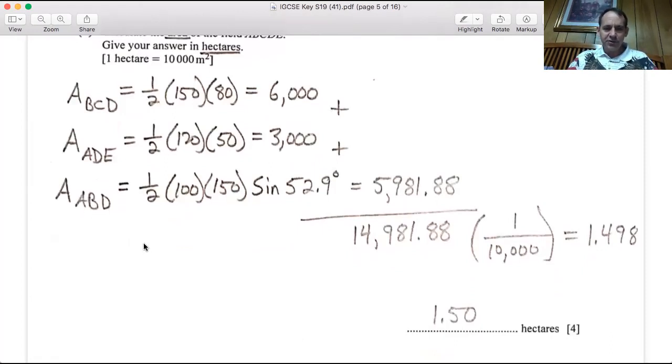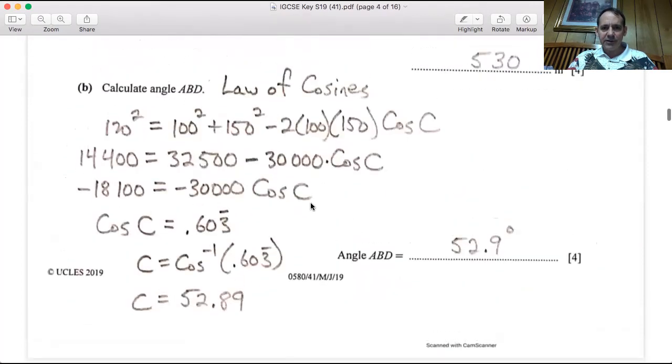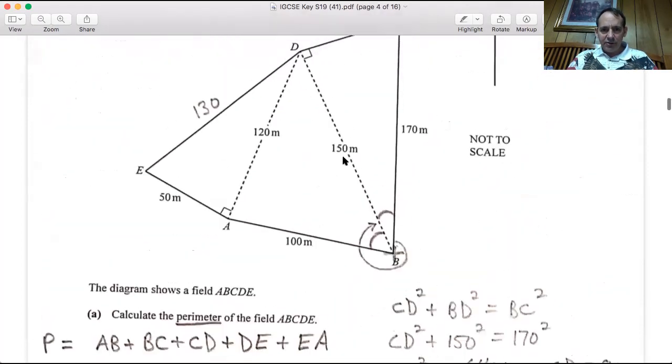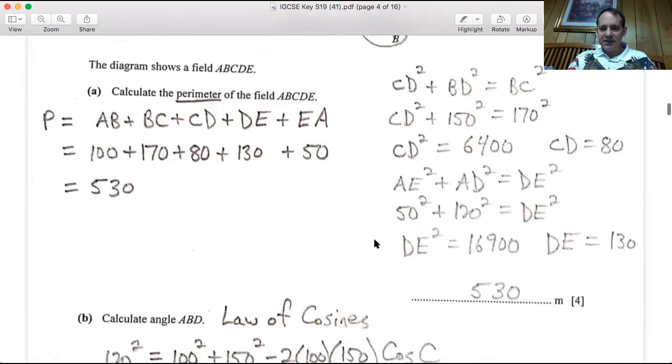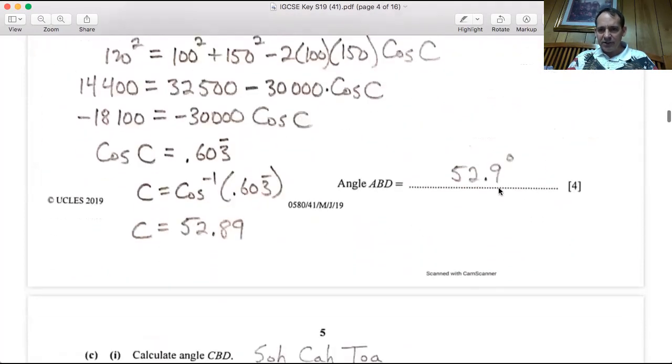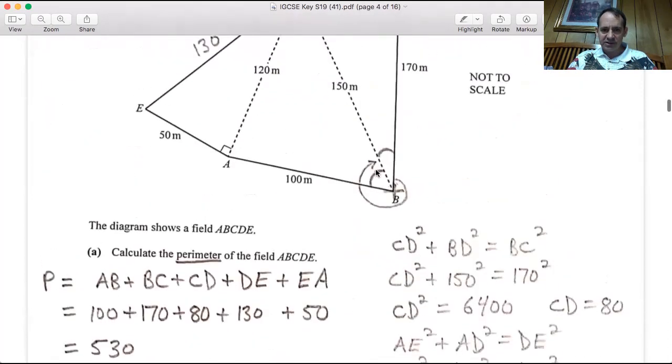It's difficult to do the base times height formula. So we're going to use the trigonometric formula: 1/2 ab sine C. In other words, any two sides and the included angle. If you look at it, here are our two sides, 100 and 150, and we already found the 52.9, which is the angle here.